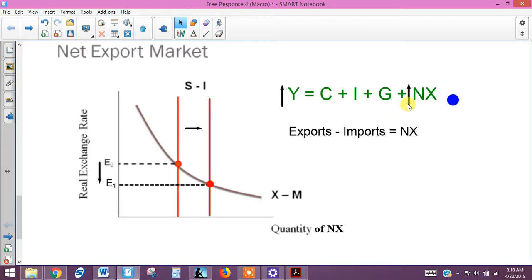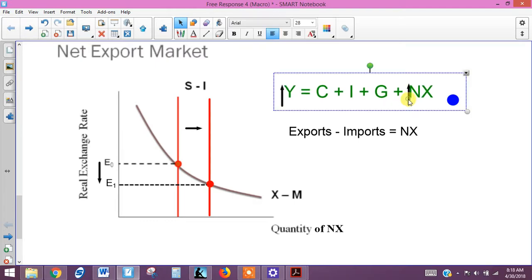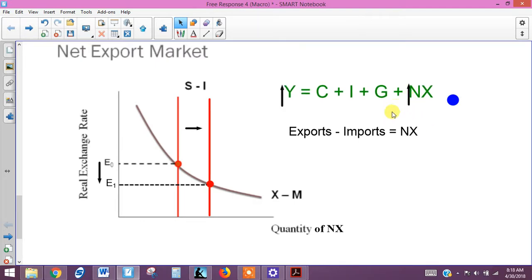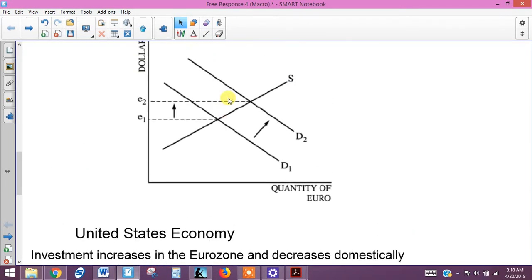we said earlier that, and actually this should be flipped. Let me think here. Net exports is going to be going up, right? Why? Because in this case there's more financial investment going overseas, that we talked about up here, right?